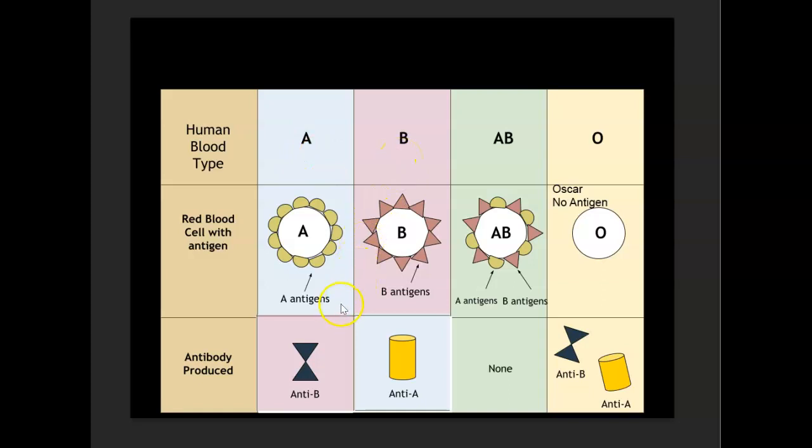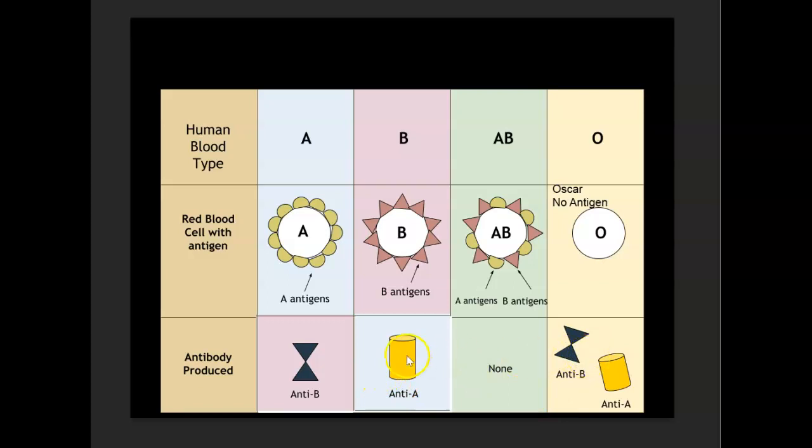So blood type A, we'll call her April. She has these half circles as her glycoprotein. So this is an antigen. If you put this glycoprotein in somebody that's blood type B or blood type O, their bodies recognize it as foreign and make antibodies.